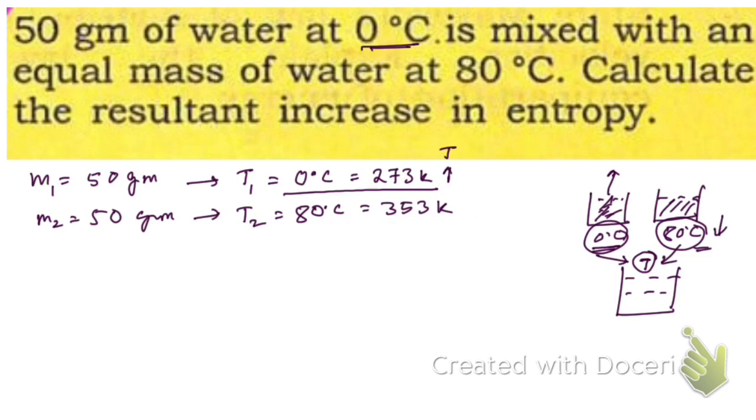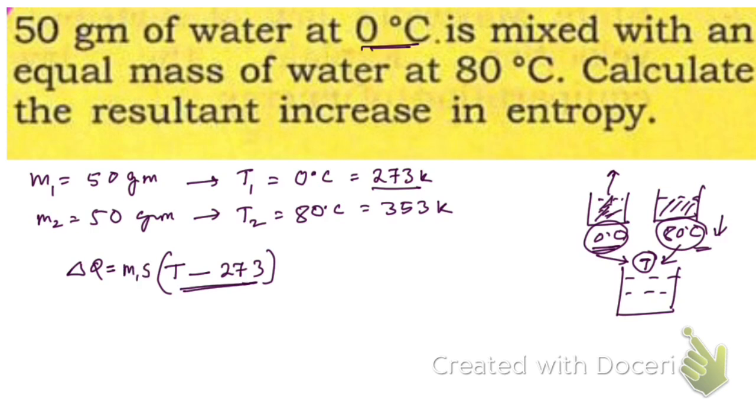And the amount of heat that will be absorbed to raise the temperature from 0, or you can say 273, to T Kelvin, that means to change the temperature by this much, the heat absorbed will be given by mass of the water, then specific heat, then temperature difference.